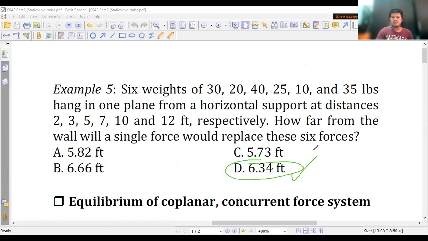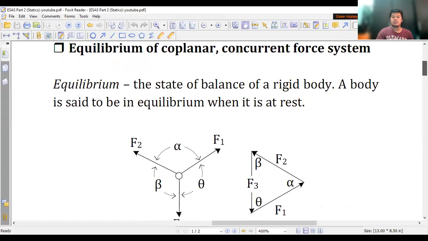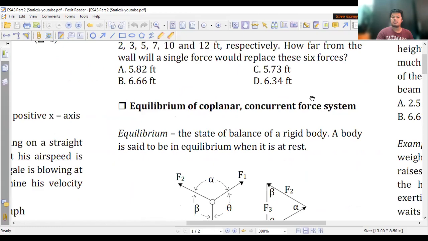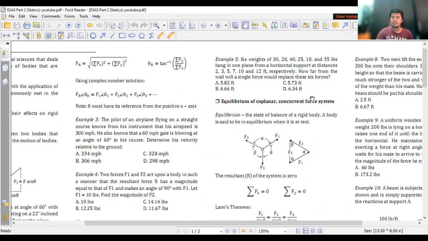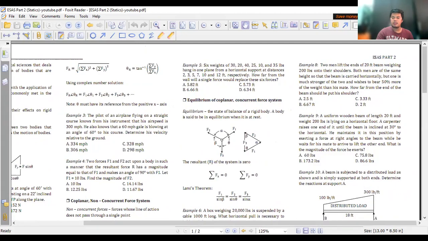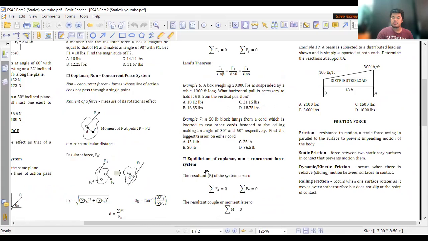After which we proceed to the next topic, which is about equilibrium of a coplanar concurrent force system. After that we proceed to equilibrium of a coplanar non-concurrent force system.